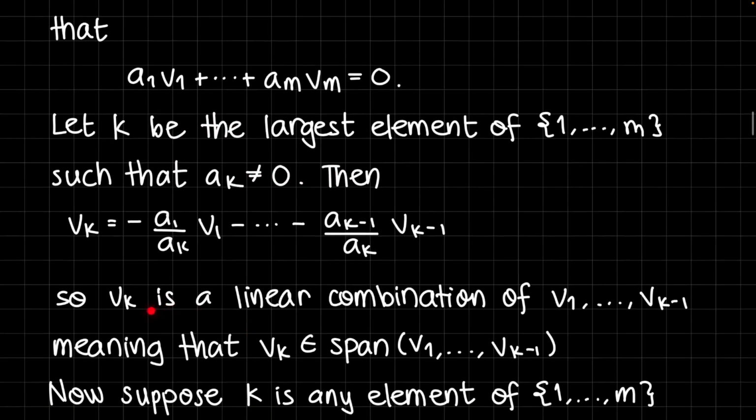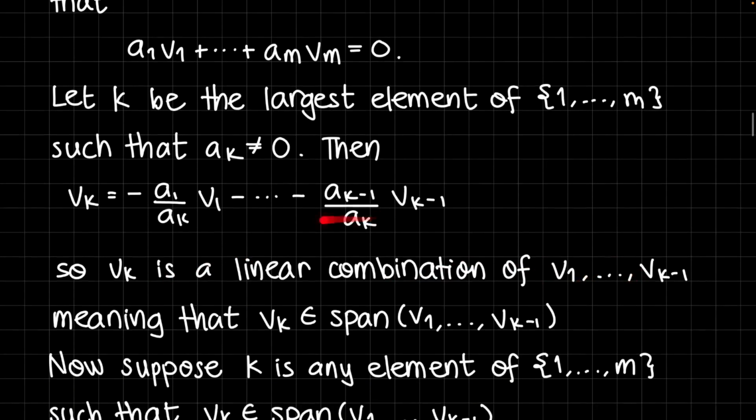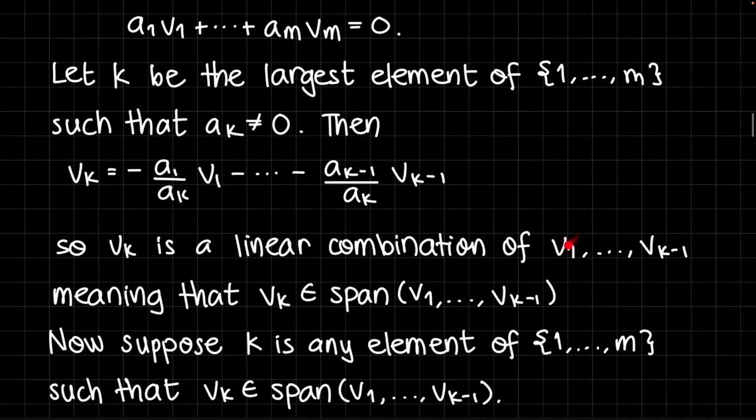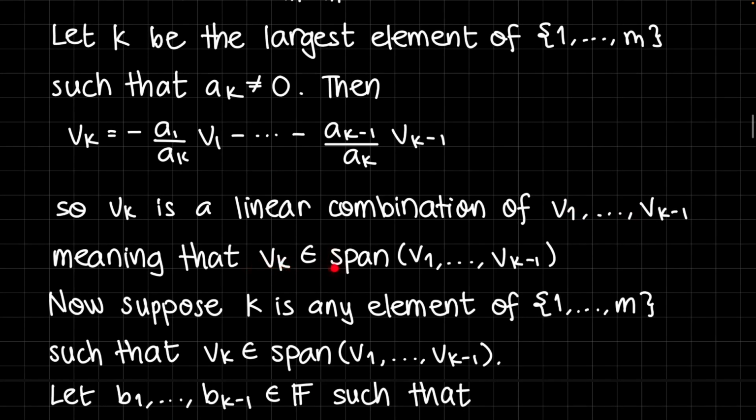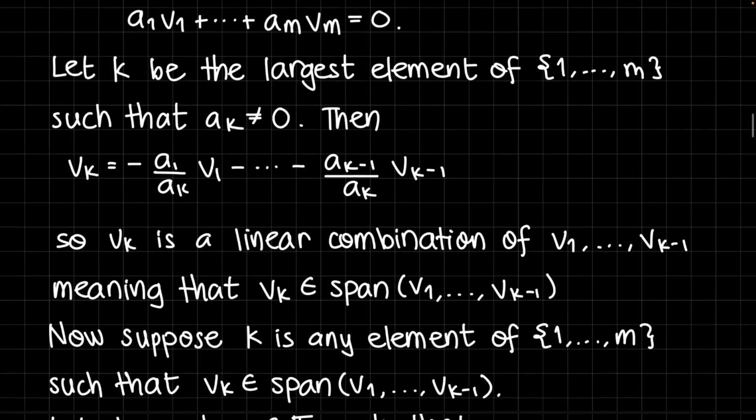So that means vk is a linear combination of v1 through vk minus 1, right? Because this a1 over ak is just a coefficient. So this is a linear combination of the k minus 1 vectors before it, meaning that vk is in the span of v1 through vk minus 1. That's it. That's the first part proved.